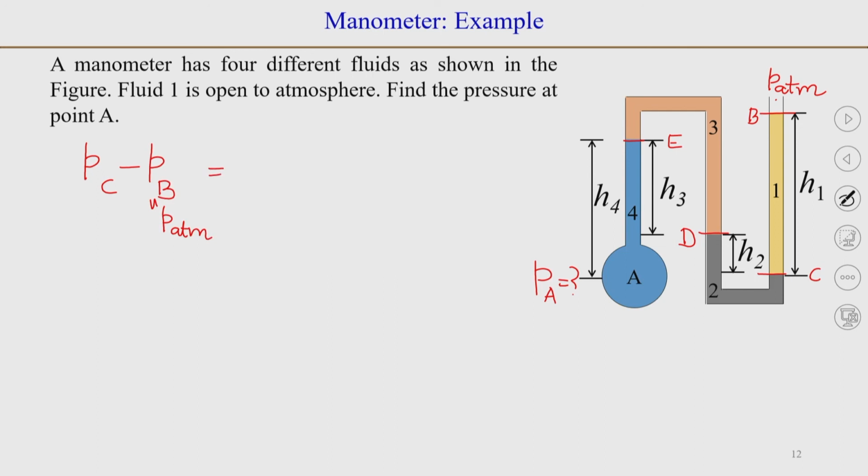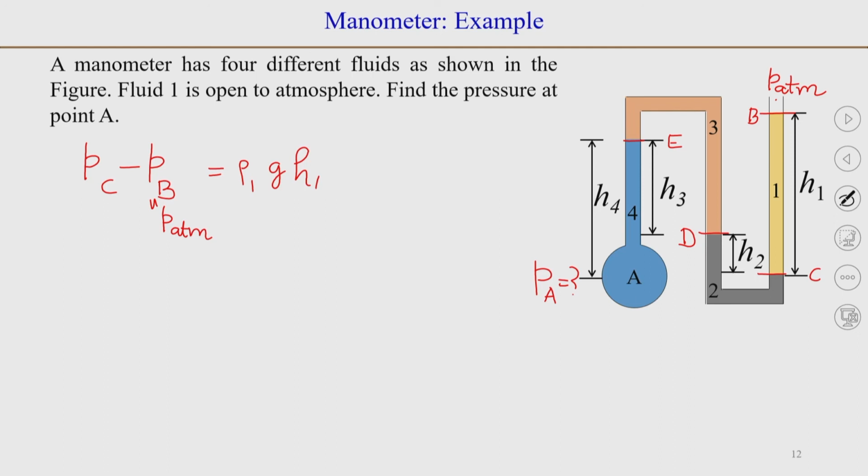that will be equal to rho 1 G H 1. So, the pressure at P C will be higher than at point B, because it is at a greater depth in the same fluid. So, P C minus P B is equal to rho 1 G H 1.